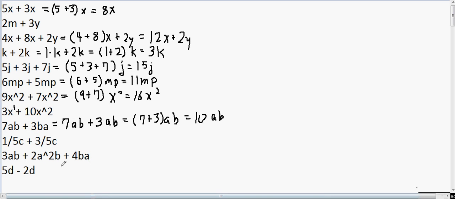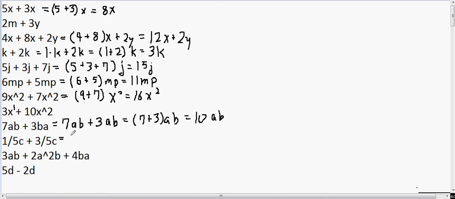Next, we have the sum of 1/5 c and 3/5 c. The terms have a common variable part c. The only difference is here we have fractions for the coefficients as opposed to integers that we've been working with so far. But when we are working with terms like these, all we care about is that we have the variable part and the numerical part.